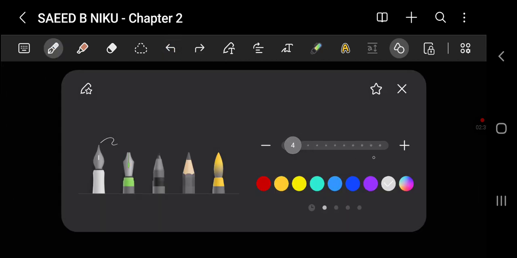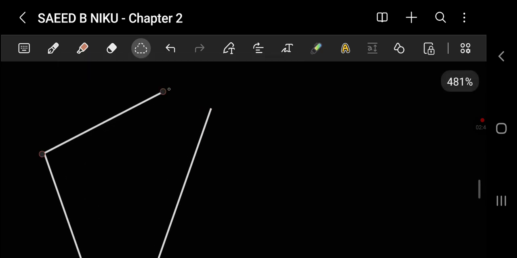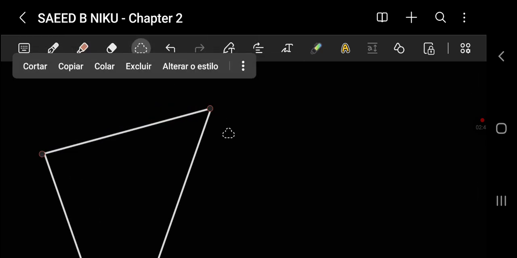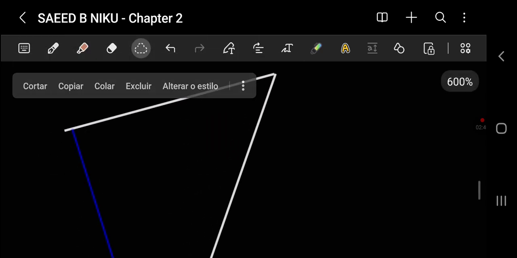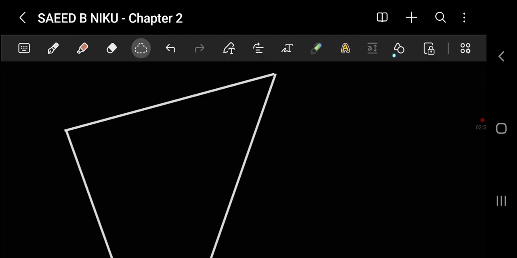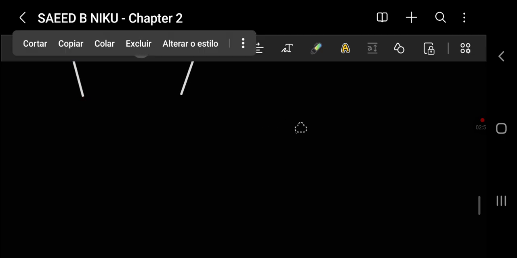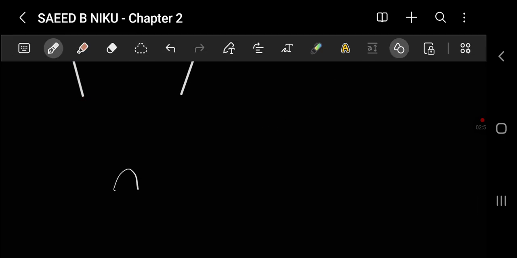So let me draw a 4-bar structure in a closed loop. And that is a 1 degree of freedom. This is a 1 degree of freedom structure.